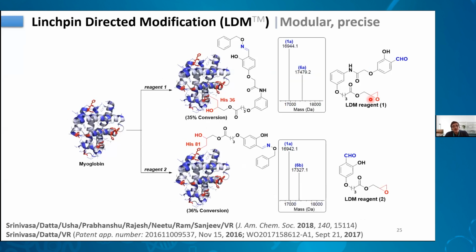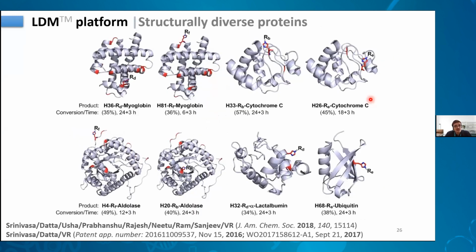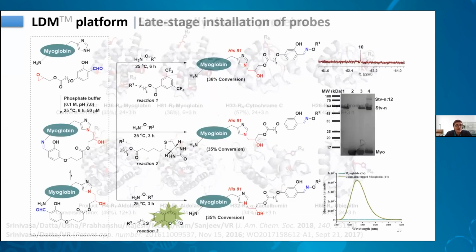And not only does it work well with myoglobin, we can translate it conveniently to a structurally diverse set of proteins, and it just does a great job with most of the proteins that we have tried so far.